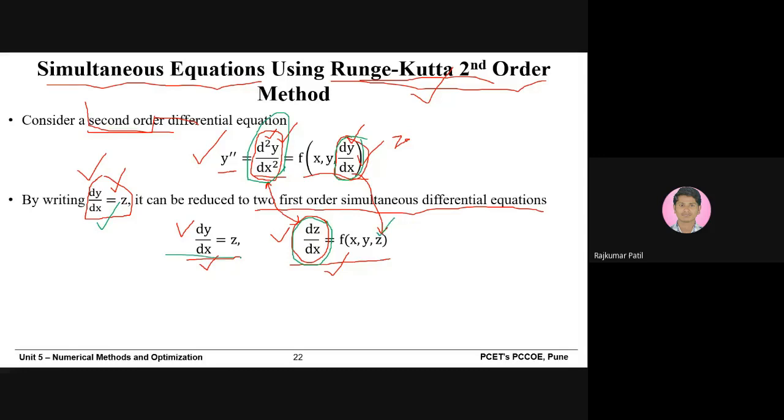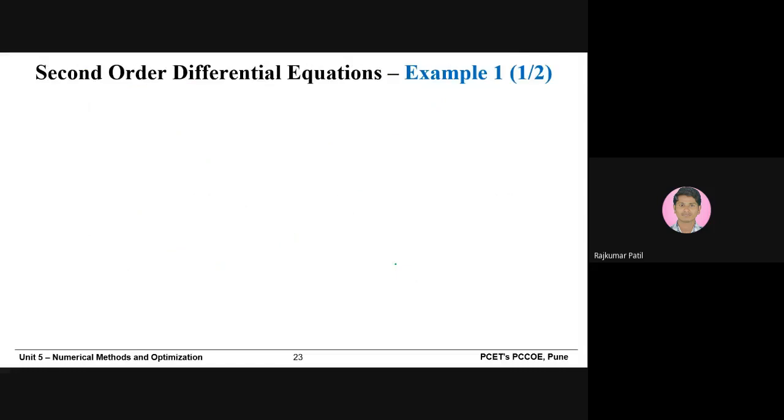So we get two first order ordinary differential equations, and they are simultaneous equations, and we can apply Runge-Kutta second order method. We will see one example, and with this example we will try to apply Runge-Kutta second order method to solve simultaneous equations.